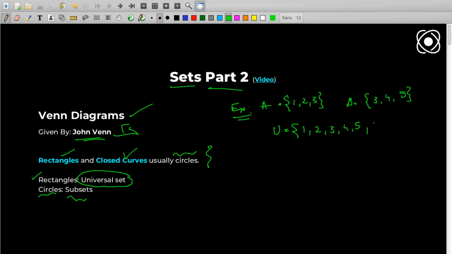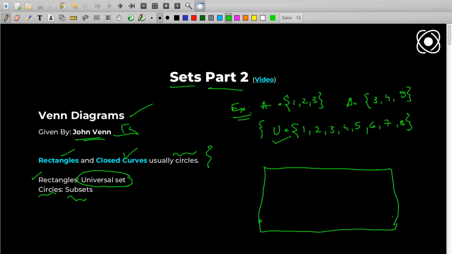Let's take some more elements, 6, 7, 8, so that I can show you everything in Venn diagrams. If these are the three sets and the universal set, then we take a rectangle which represents the universal set, and then we represent A and B with circles.